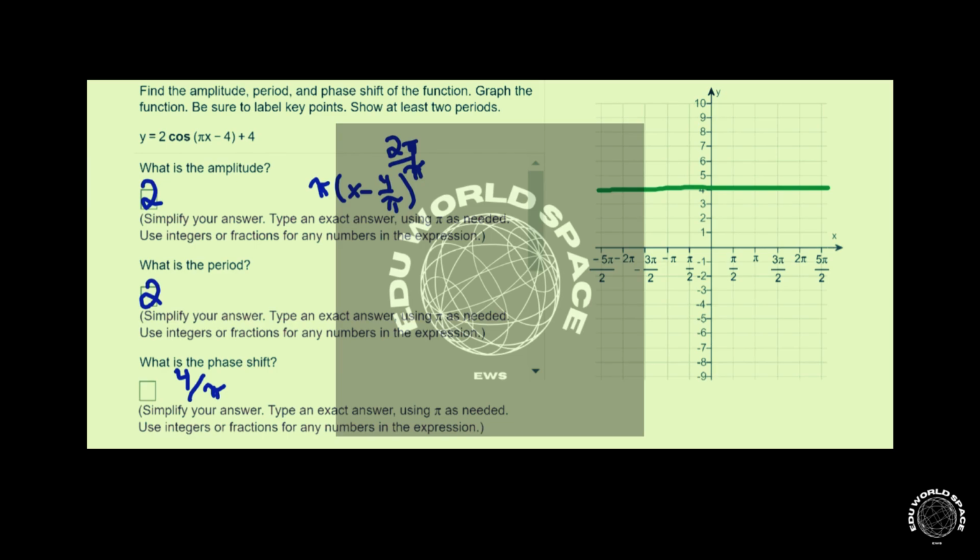Let's see. Based on this phase shift, it's not convenient with our axis. Our minimums will be at 2 and our maximums at 6.